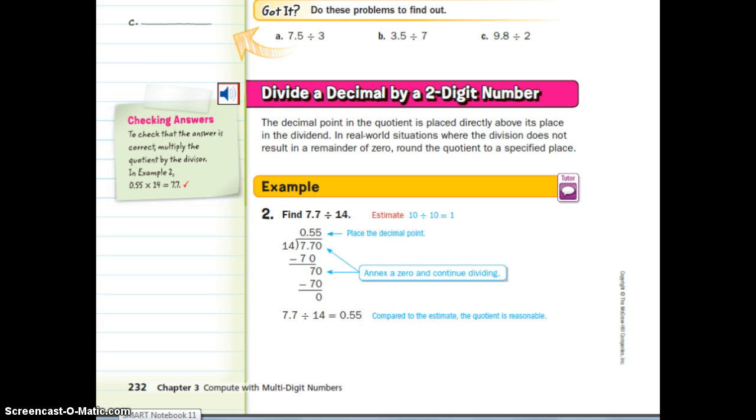Keep going. So now we're going to divide a decimal by a 2-digit number. So again, in this case, we're still going to bring the decimal directly up from the dividend into the answer. So we have 7.7 divided by 14. Ooh, this is a really good one to look at. I'm going to write this in terms of numerator, denominator. You should do the same in this case. Numerator over denominator.